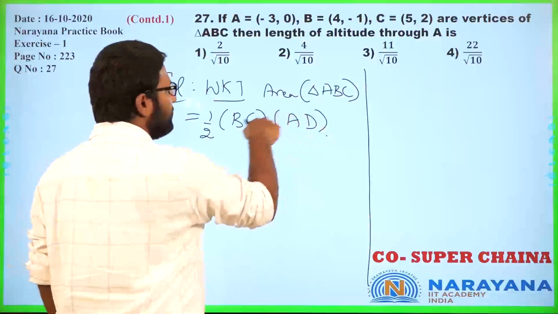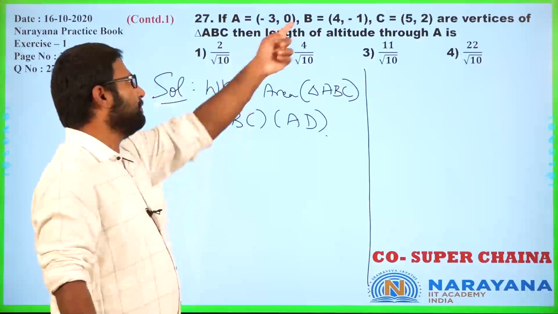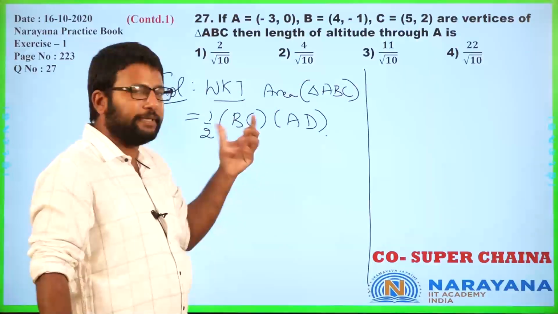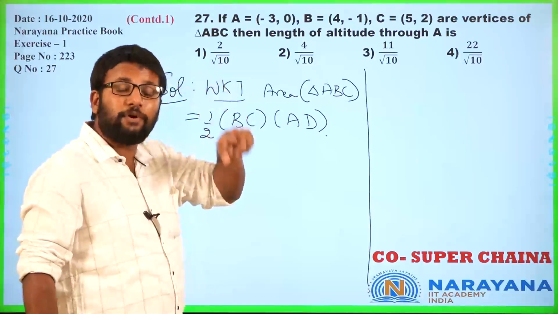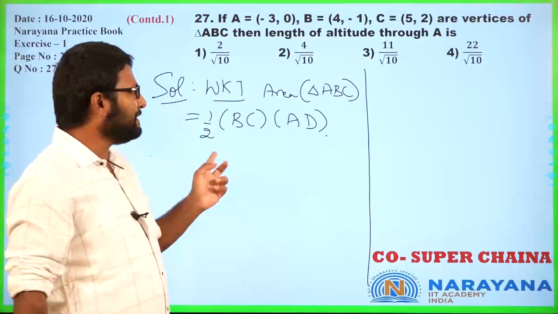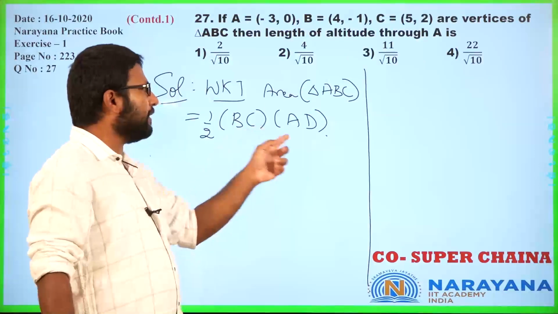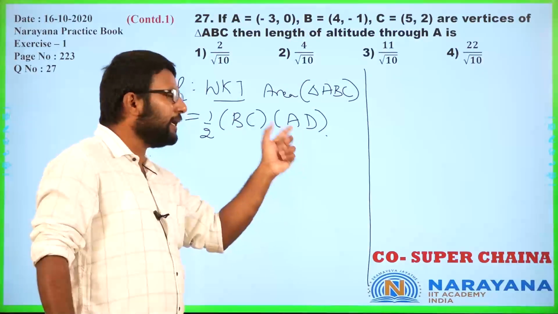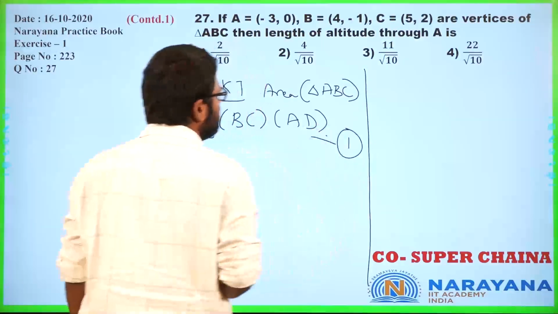Now we want to find the length AD. Do you know the length BC? Yes, because coordinates are given, so we know length BC. Do you know area ABC? Yes, for that also there is a formula. You have studied that formula, which means in this equation this can be figured out, this can be figured out, and using those two, AD can be figured out, correct? So, mark this as 1.